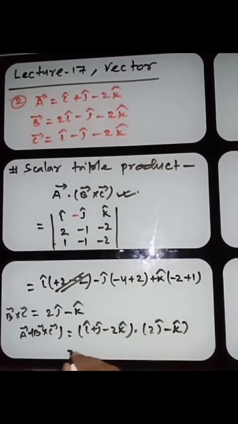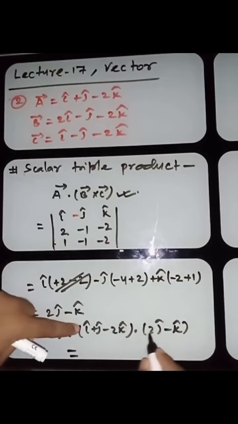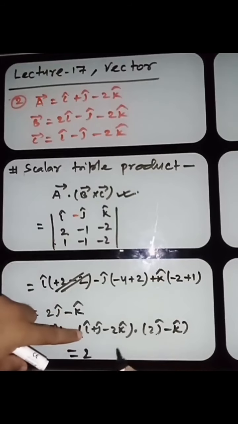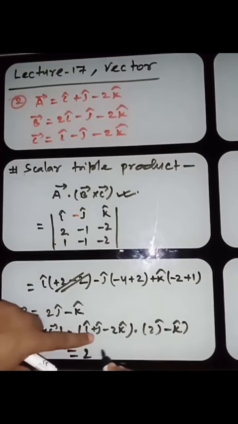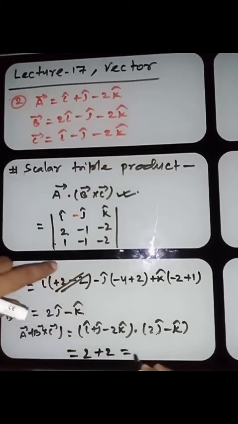Now it is 2j, so the dot product will be 2 plus 2. Overall result is 4. Okay, my dear student?